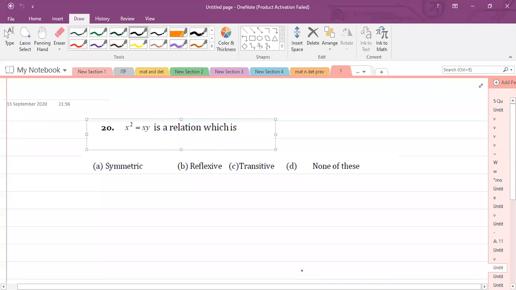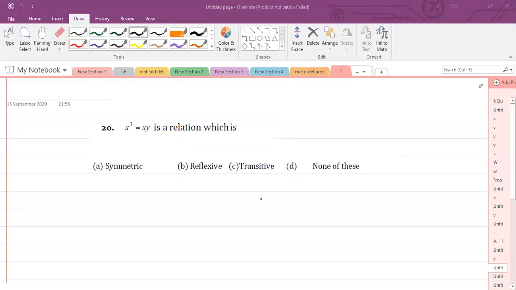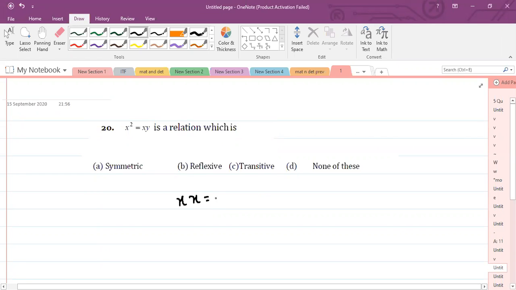Next one: x squared equal to x into y is a relation which is... Yes, definitely it is reflexive because x into x will give you x squared.